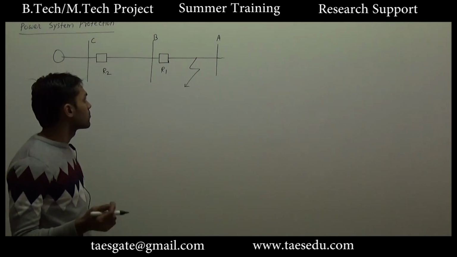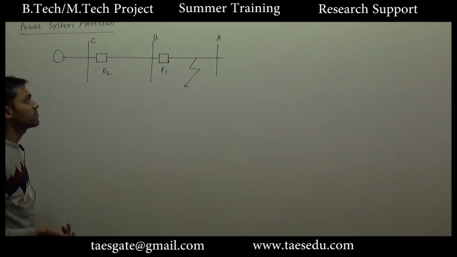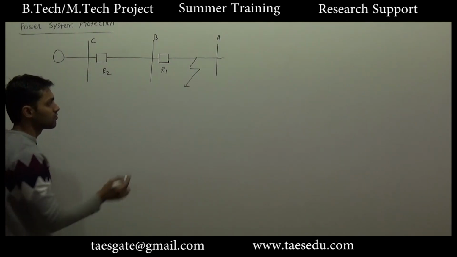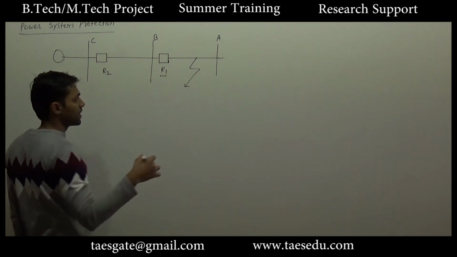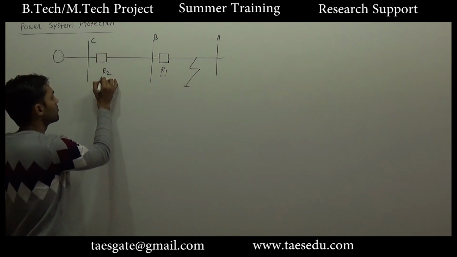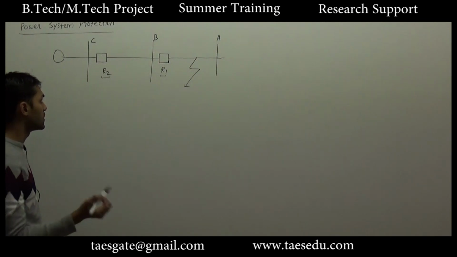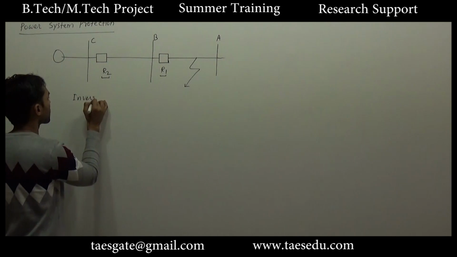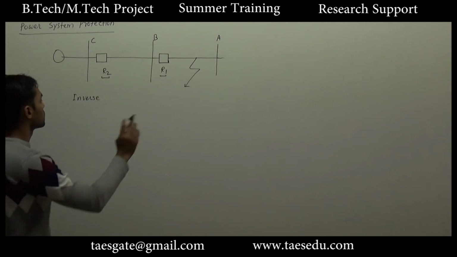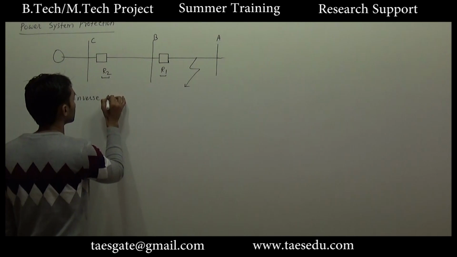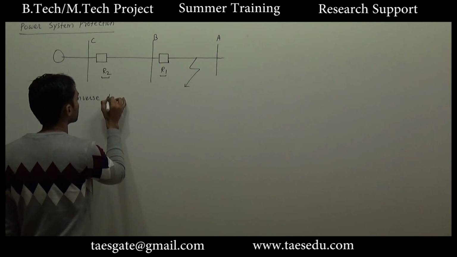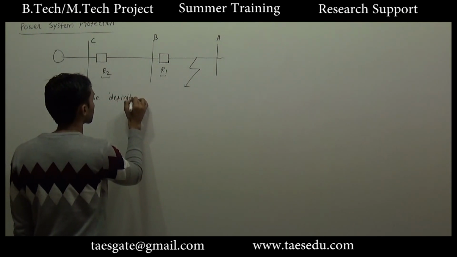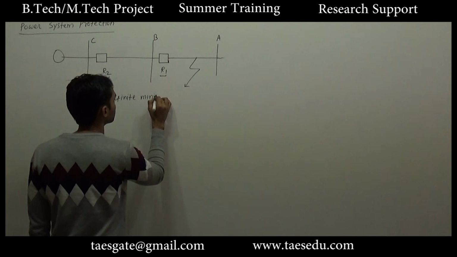Okay, coming back to our problem of the radial distribution system: if a fault occurs between A and B, how do we ensure that relay R1 operates first, and if R1 fails to operate, R2 will operate? Let's say at both places we have an inverse definite minimum time relay.